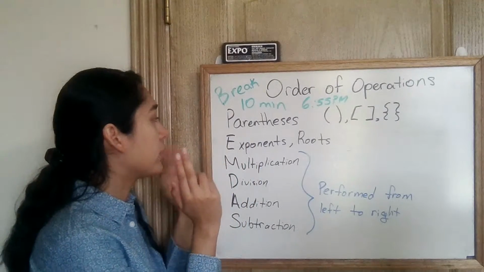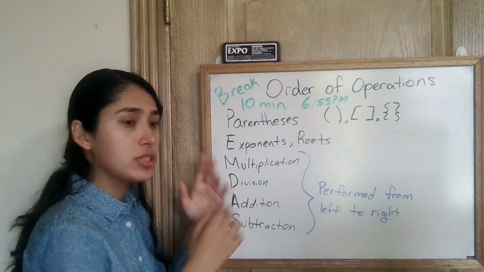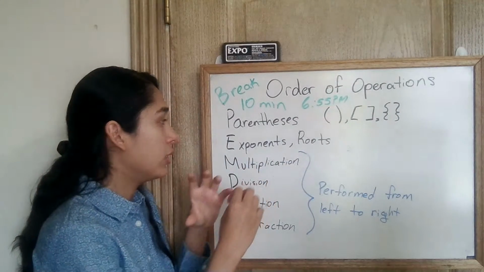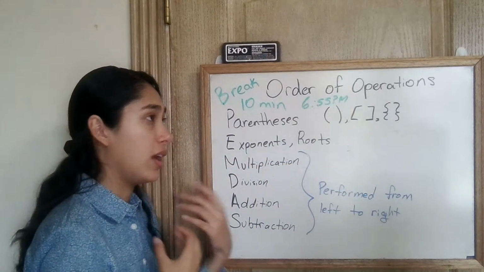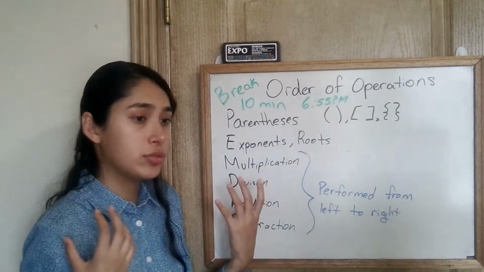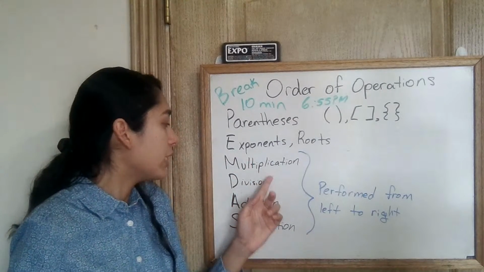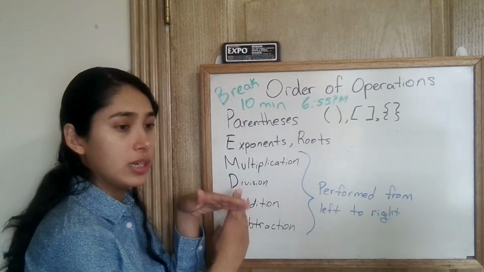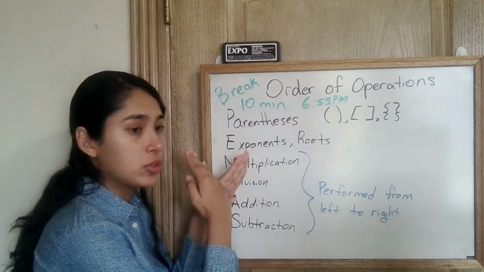The next are the exponents and the roots. Great thing about the exponents and the roots is that they're already married to each other. You can't really separate an exponent from the number that it's with. Like I have 10 to the power of 2. There's no real way I can separate that. Versus with multiplication, division, addition, and subtraction, I have the signs of plus, minus, division, and multiplication.